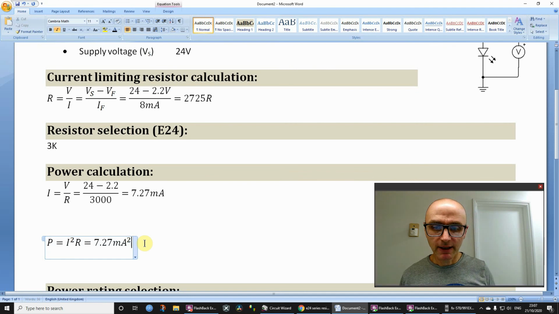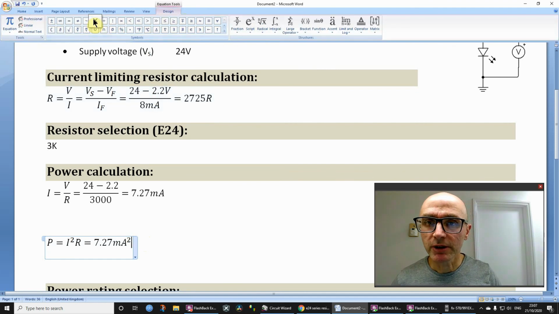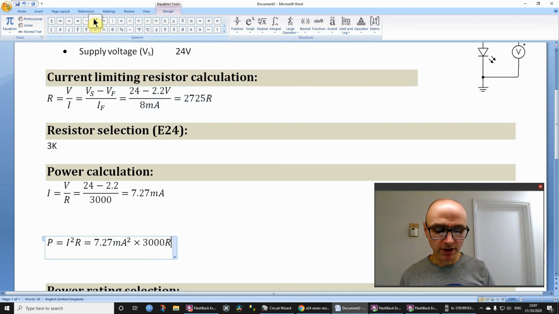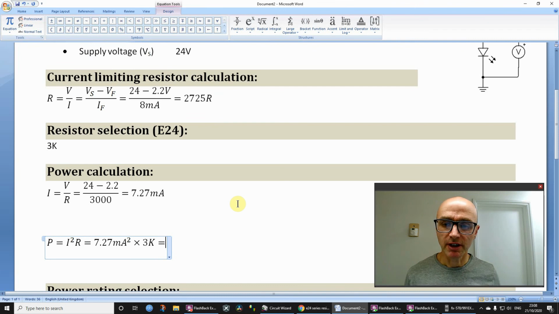Squared. And then let's multiply that, this time I am going to use the multiply symbol, times 3000. That would be 3000 ohms, or of course you could do 3K if you want. You don't have to say kilo ohms, 3K is fine, particularly since you've said R there anyway, so we know what we're talking about. Let's do that.